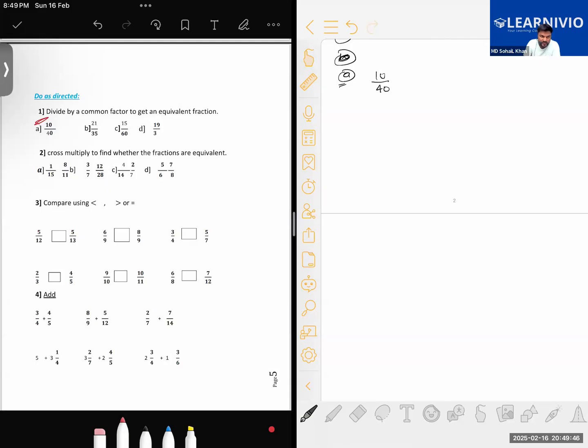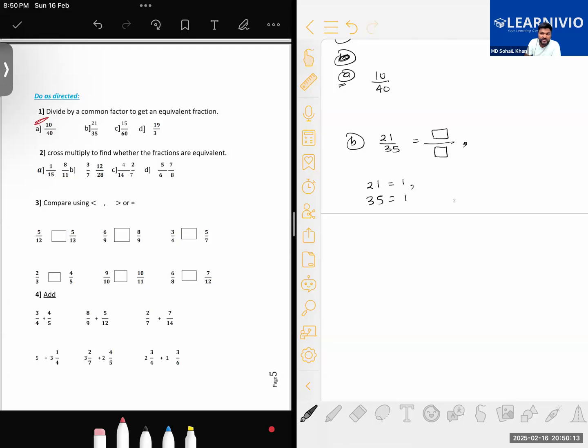So I'm going to do question number B. That's 21 upon 35. We need to find equivalent fractions. How many is it asking? Only one. So let's find the common factor of 21 and 35 other than 1.